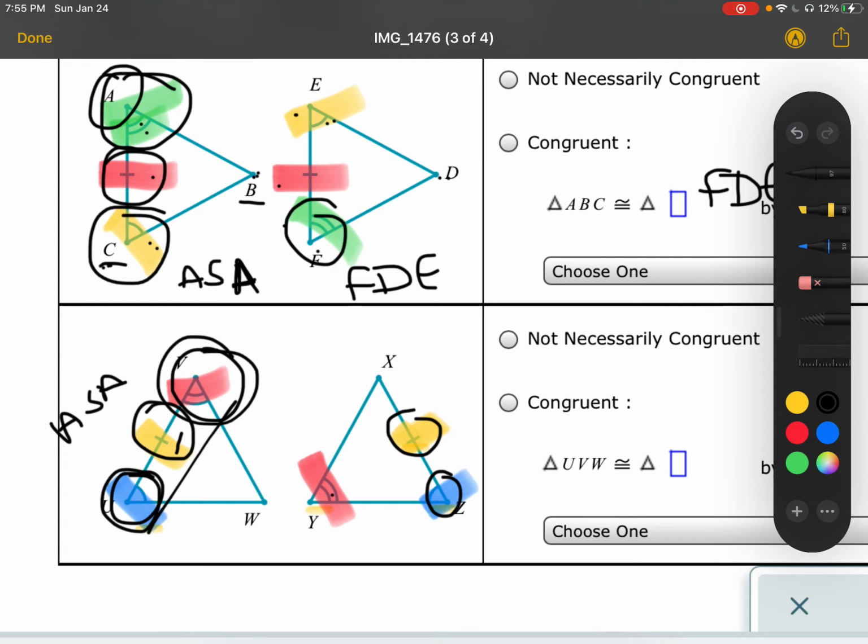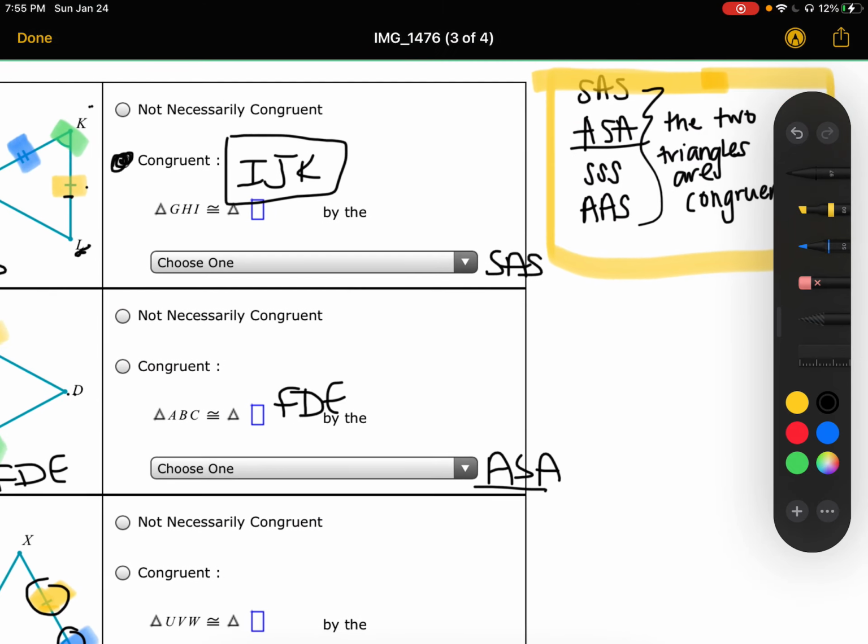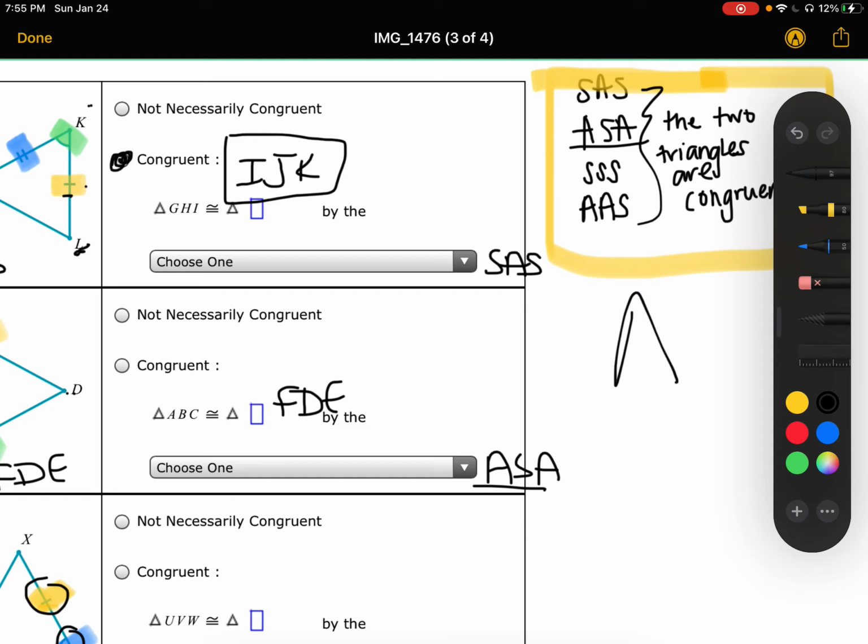You can't just have some random one over here, which would be the case in this. It has to be in the same order for both of them, and they have to be right next to each other. The only one that wouldn't technically be right next to each other would be the side one. But that's all your sides are the same.